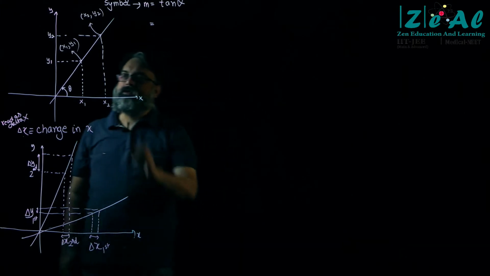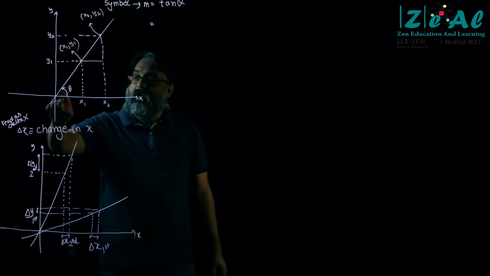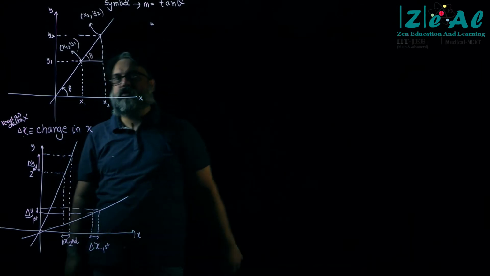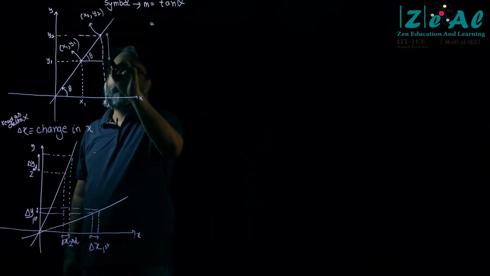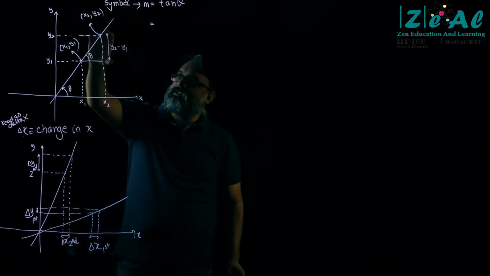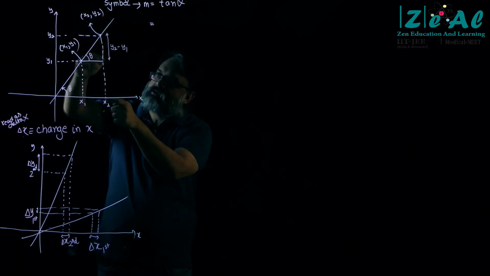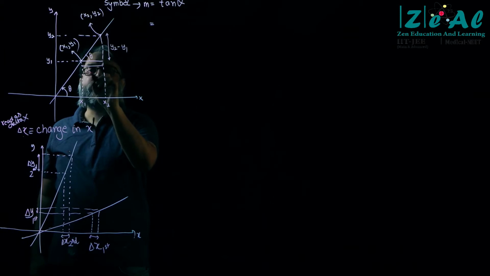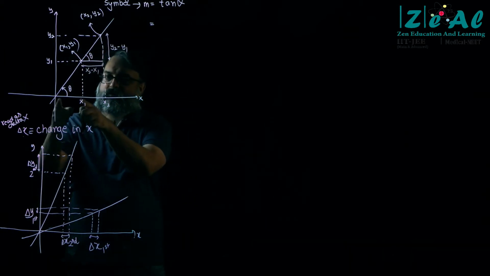And then we can construct a right angle triangle like so. And we have two corresponding angles theta, so this will also be theta, and then we can have this as y2 minus y1, because remember that this distance is nothing but this distance minus this distance, and similarly this will be equal to x2 minus x1, which is nothing but this distance minus this distance.